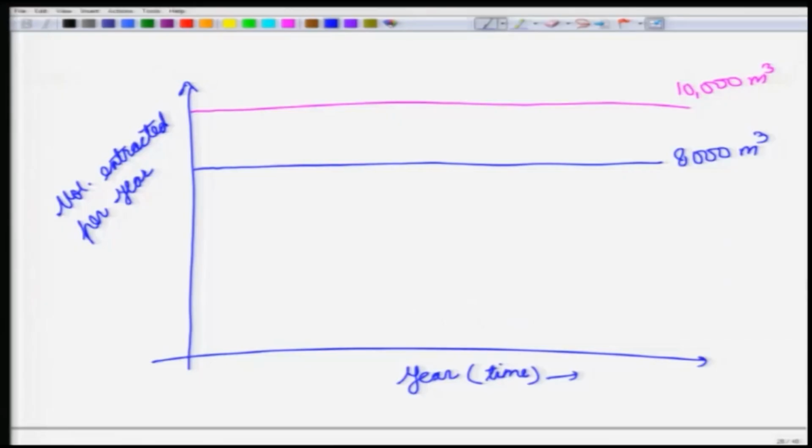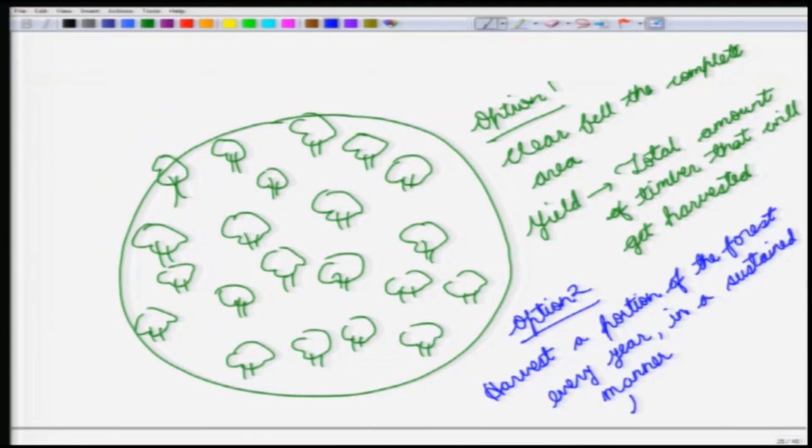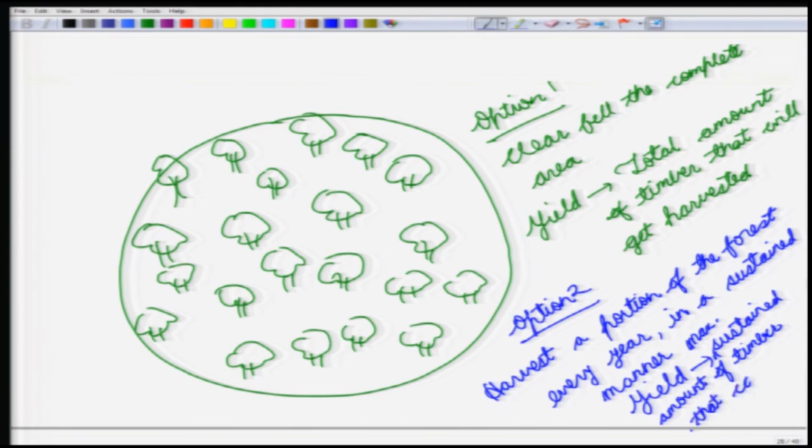So, the second definition of yield says what is the sustained amount of timber, or rather the maximum sustained amount of timber that can be extracted or harvested every year.